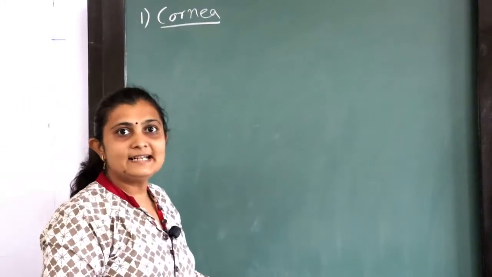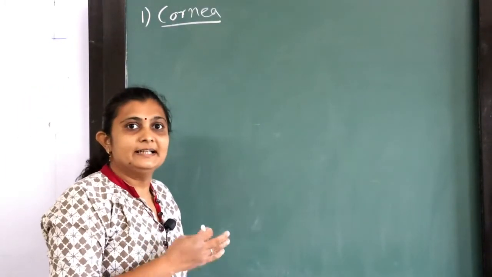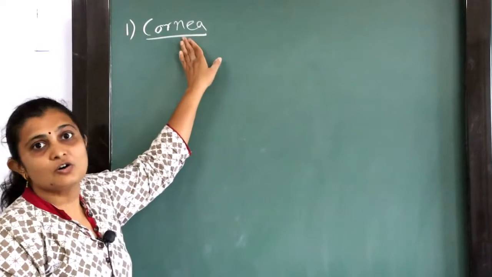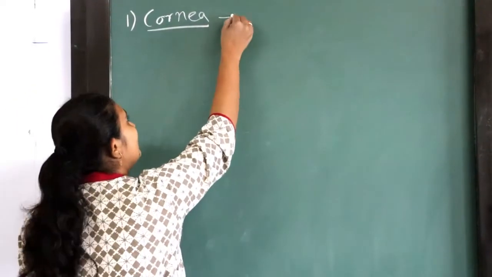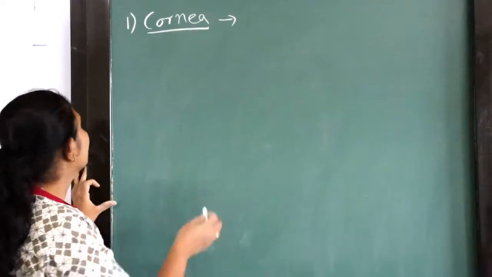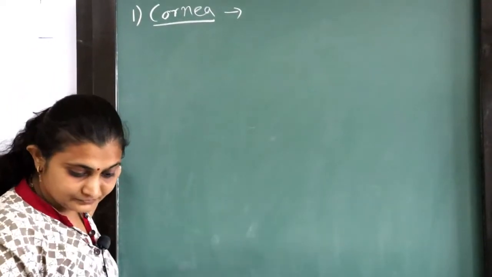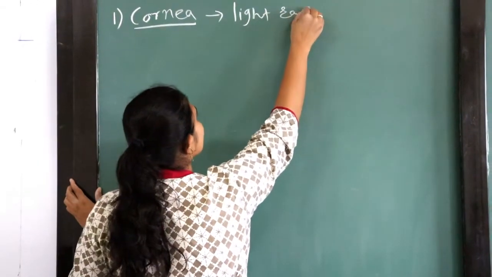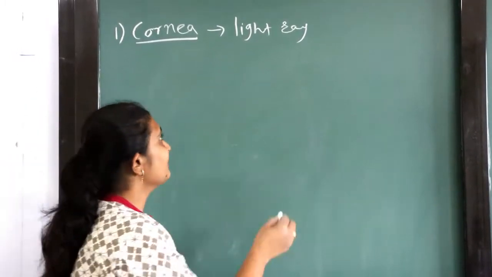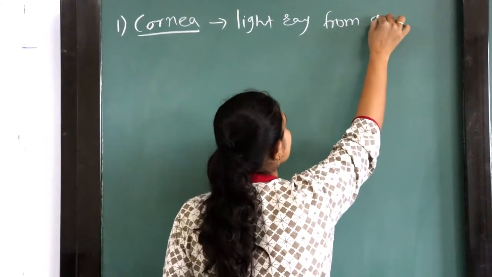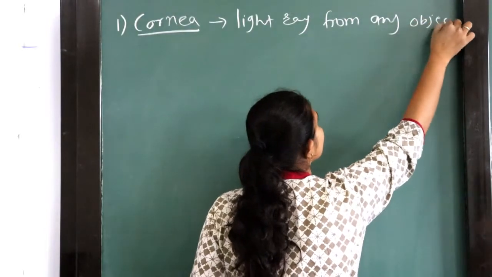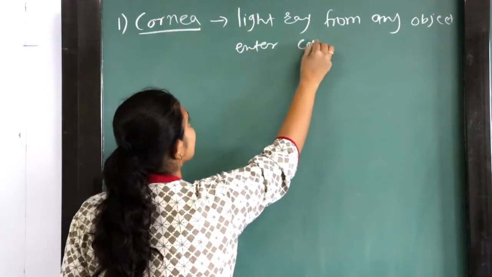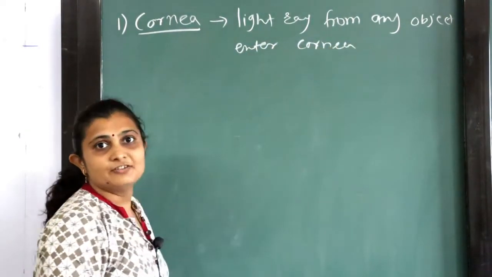Now, when light rays enter from any object, the first part of the eye is the cornea. They enter our eyes through the cornea. Cornea is bulging outside. Light rays from any object enter the cornea first.